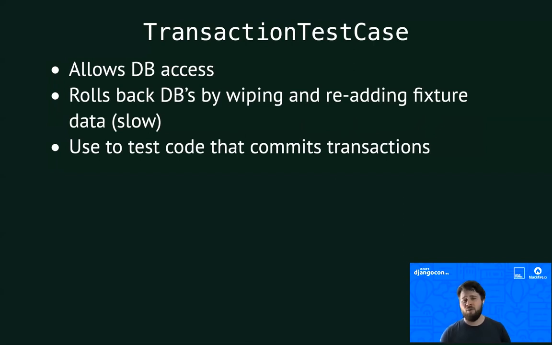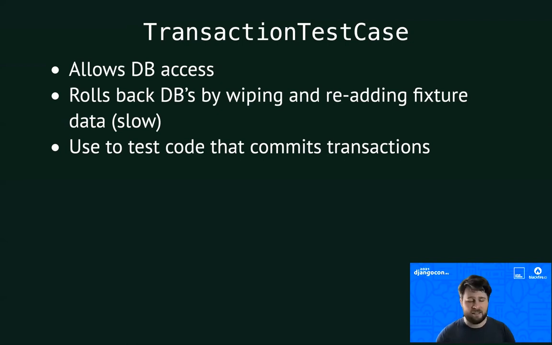So this is quite slow, as you might imagine. The more tables you have, the more tables it will have to go and wipe, even if the tables are empty. The main use case for TransactionTestCase is if you want to test code that goes and commits a transaction, hence its maybe confusing name. If your test has to commit and then you want to read the state of the database after that commit for assertions, you need TransactionTestCase.